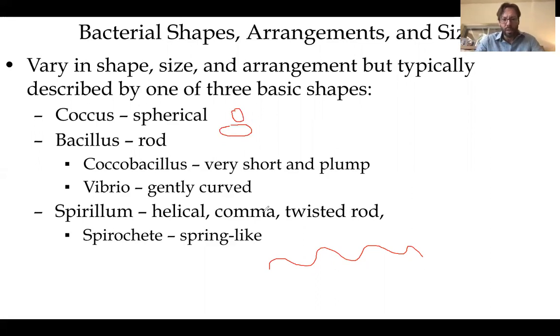Helical or comma, twisted, that kind of a thing. And those, out of all the bacteria that we are aware of, and just how diverse these bacteria are, and how many more representatives of bacteria there are compared to eukaryotes, they still conform to these three and a half major shapes, okay?